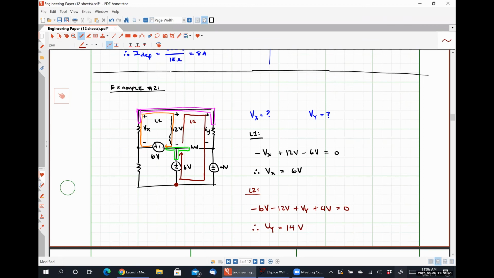So the purpose of this example really was twofold. A, to let you know that you can absolutely do Kirchhoff's voltage law across open circuits if necessary. And B, to get you in the habit of trying to form Kirchhoff's voltage law equations where the path you're taking has the least unknowns, which is going to help you get to the final answer more quickly.